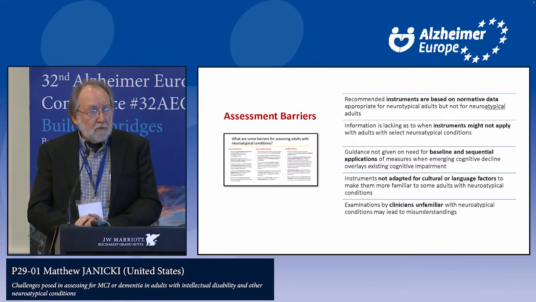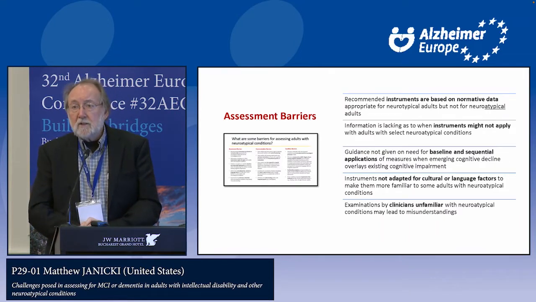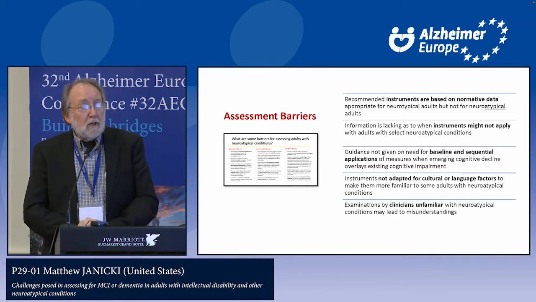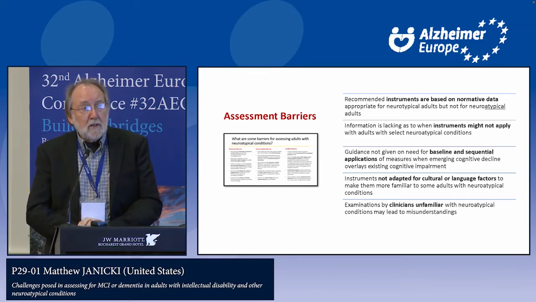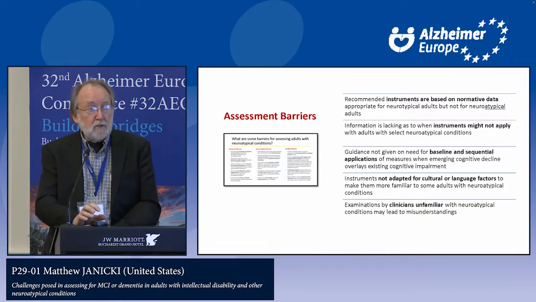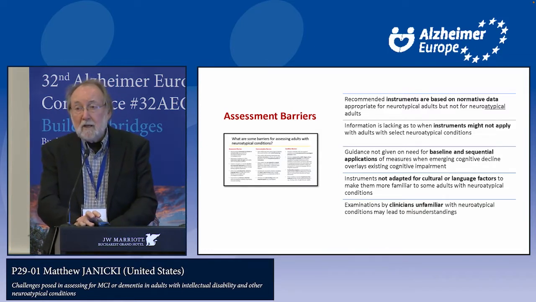Quickly, I'm just going to go over three different barrier areas that we discovered. These are in our report, so if you Google and download the report, you'll find this in great detail. The recommended instruments are based on normative data, usually that are used with the general population, and have not been normed on people with atypical conditions. The information is usually lacking when instruments might not apply with adults with select neuroatypical conditions in terms of a warning for the clinician to be aware of this.